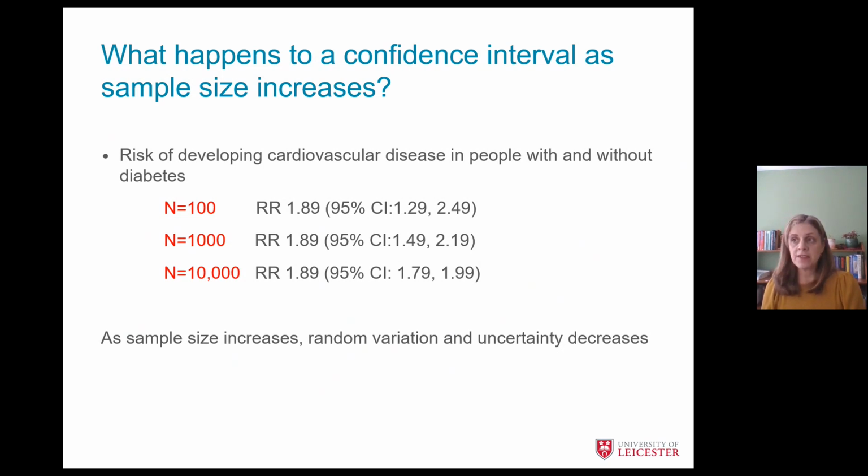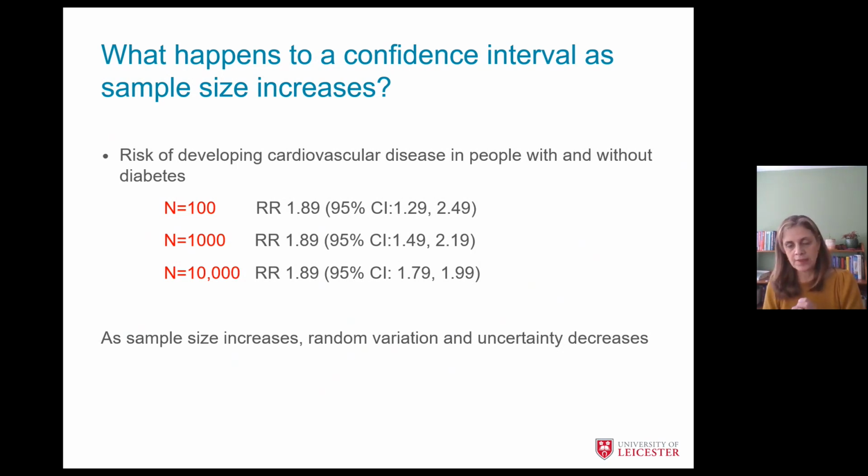If the same study had been done, but this time with 1,000 individuals, we can see that the relative risk is 1.89, but this time the confidence interval has narrowed. It goes from 1.49 to 2.19. And that makes sense because with a larger sample size, we're now more certain about our result of 1.89.